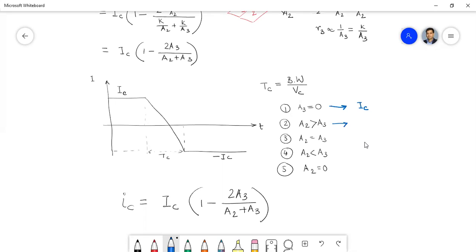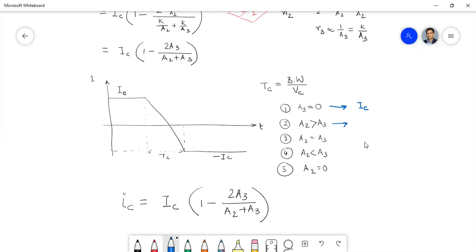Instant 2: the brush has moved towards commutator segment 3. So 25% of the brush area is in contact with commutator segment 3, and the rest, 75%, is in contact with commutator segment 2. So what will be the value of IC, the coil current under commutation?